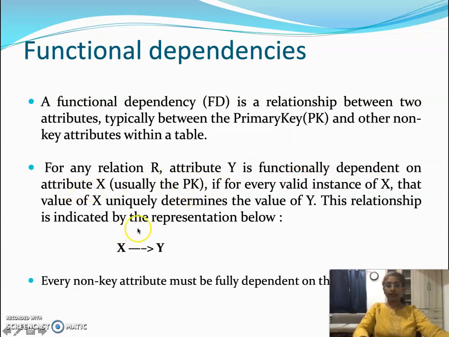We can write this as Y is functionally dependent on X, which means there is a relationship between Y and X. For functional dependence, every non-key attribute must be fully dependent on the primary key.